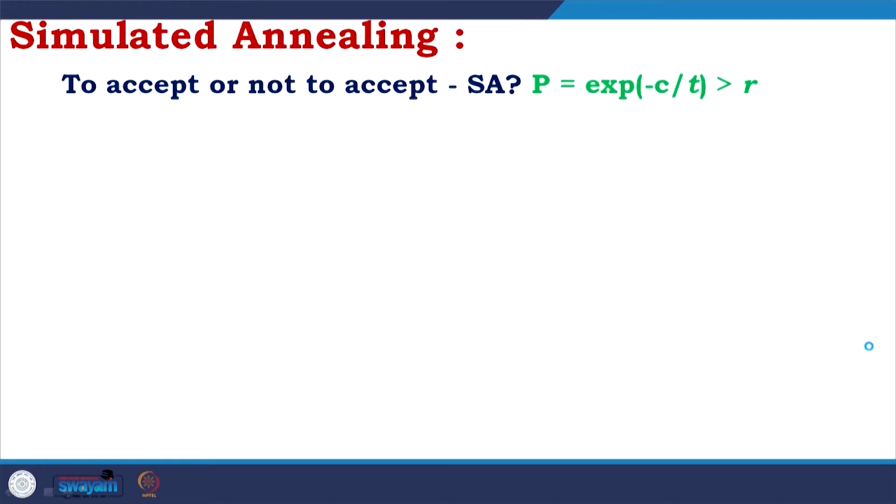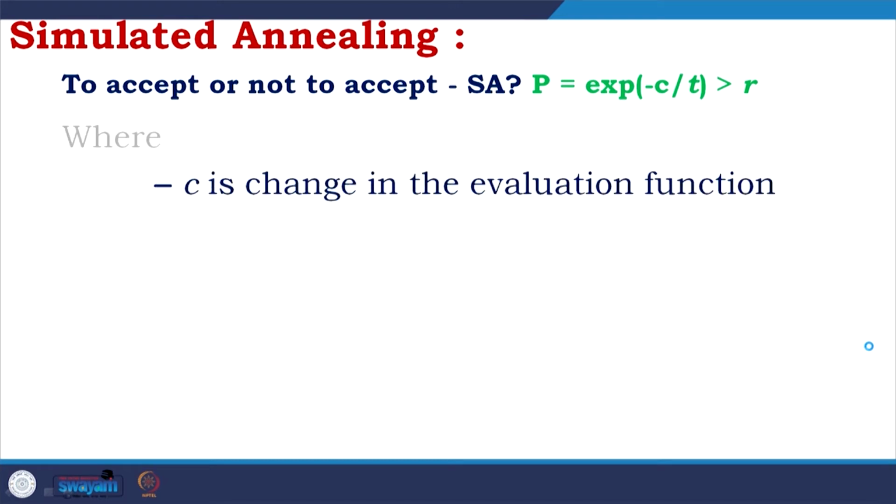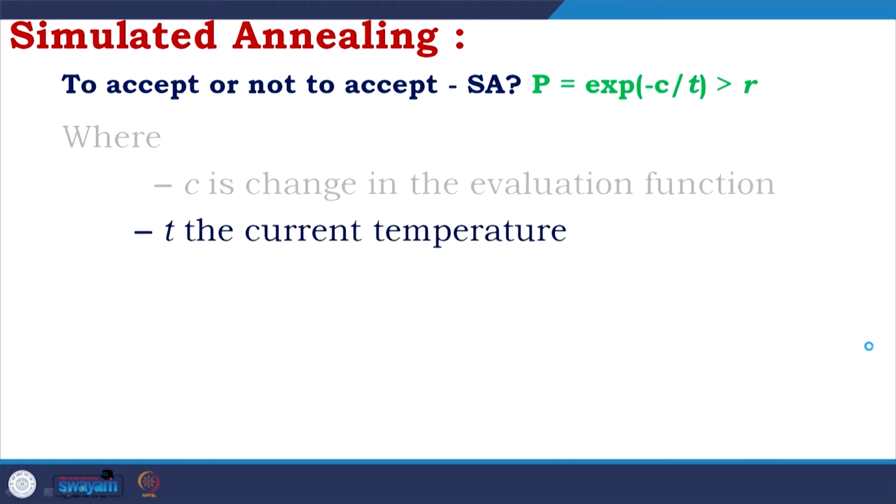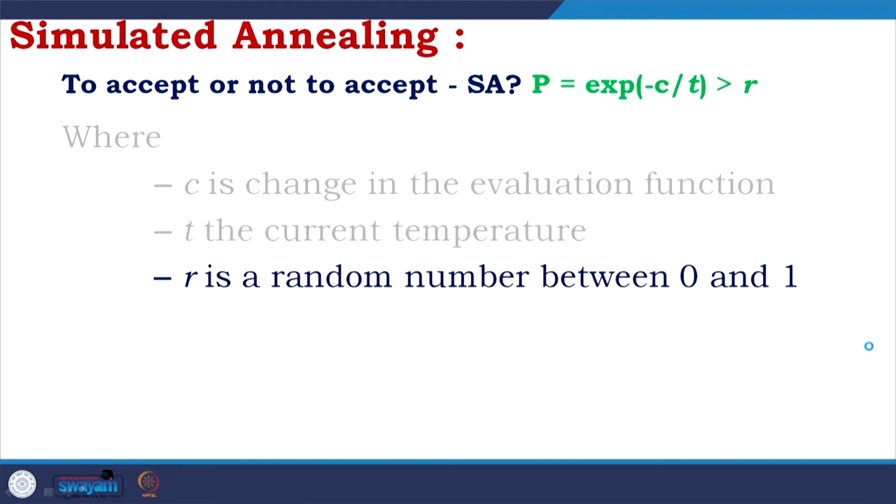So, as I told, to accept or not to accept in simulated annealing, the condition is P = exponential of minus C by T greater than R, where C is the change in the evaluation function, T is the current temperature, R is a random number between 0 and 1.